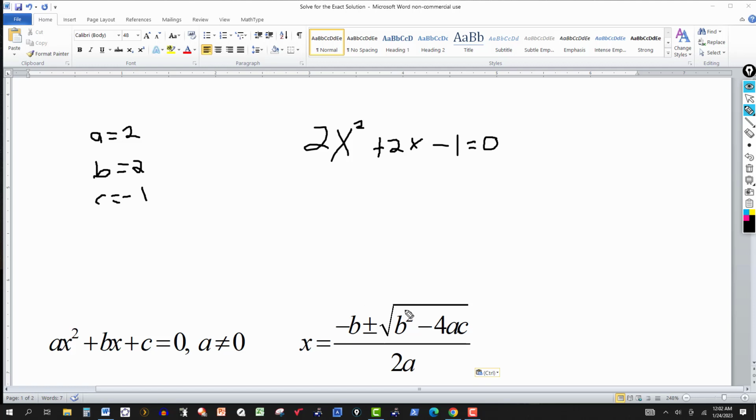Now we're ready to plug into this formula. x will equal, on top I have minus b. b is 2, so the opposite of that will be minus 2, plus or minus, and then it's a radical.